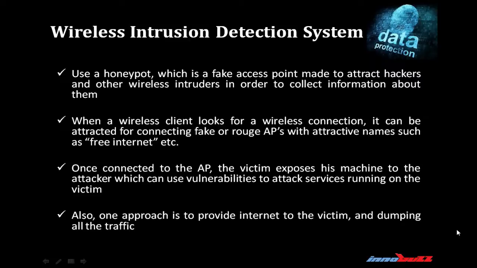Once connected to these access points, the victim exposes his machine to the attacker, who can use vulnerabilities to attack services running on the victim. Also, one approach is to provide internet to the victim and dump all the traffic.